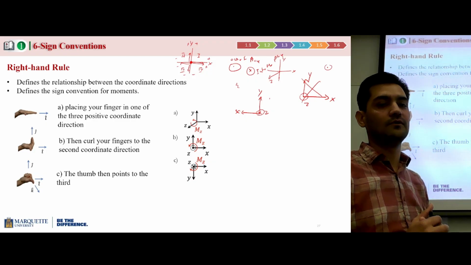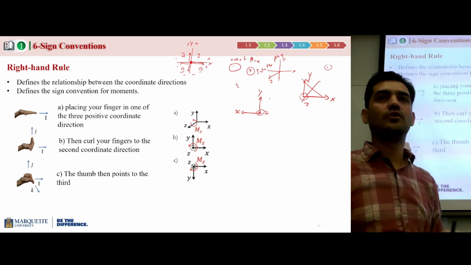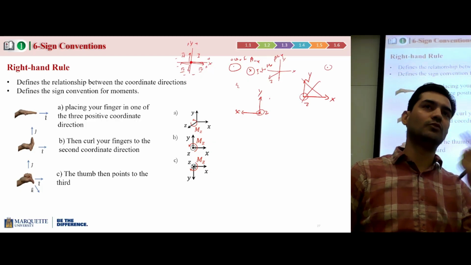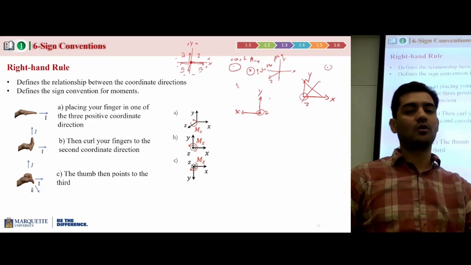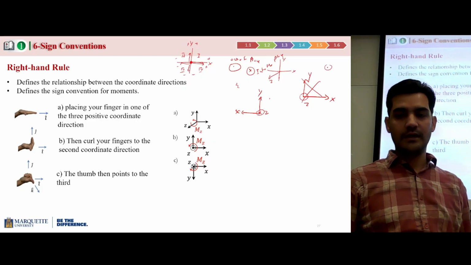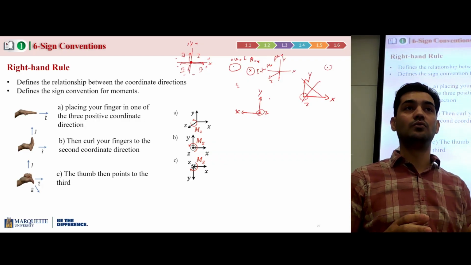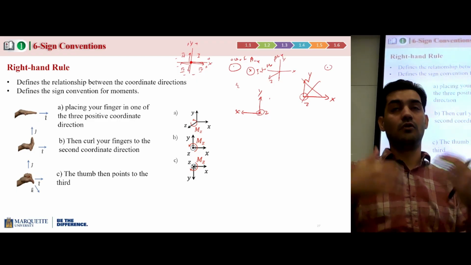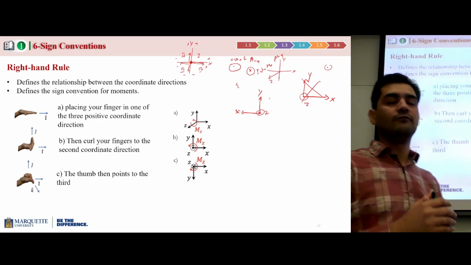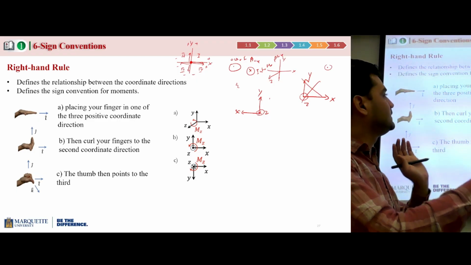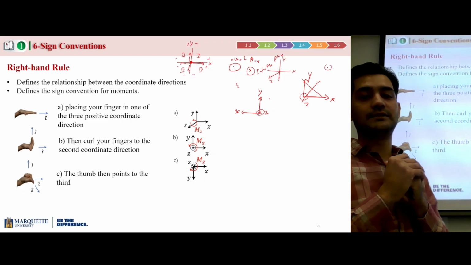There's another important thing the right hand rule does: it can let you know the direction of the moment as well. You know the counterclockwise moment was positive and the clockwise moment was negative in the statics class, and that's true here as well. First step is to find the direction of the coordinate system.